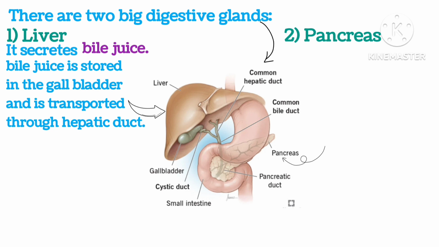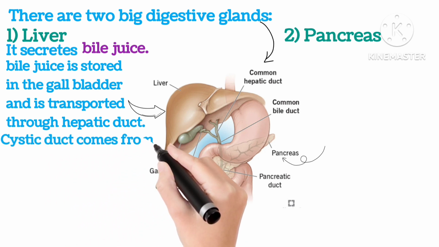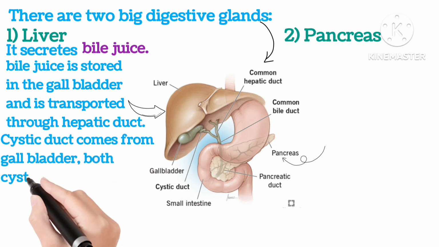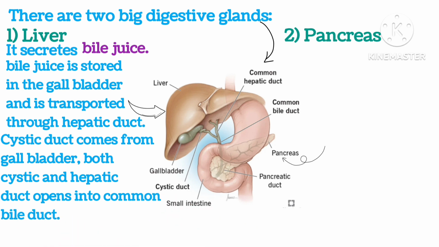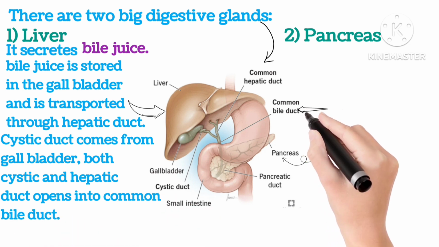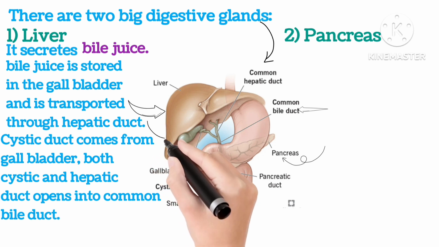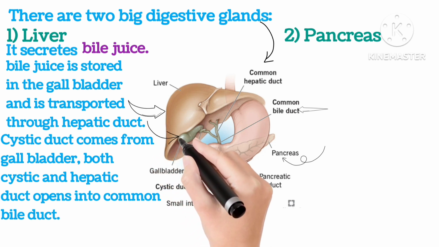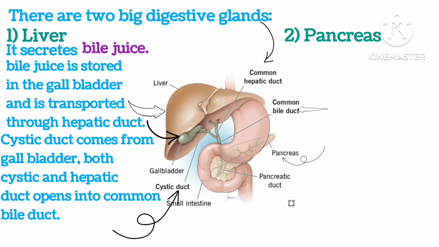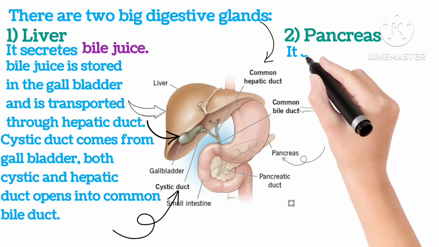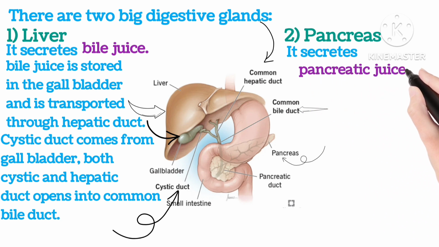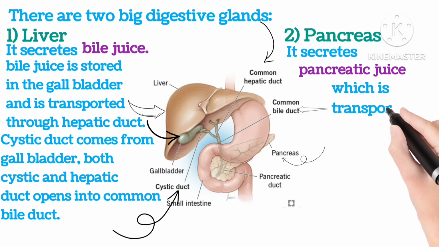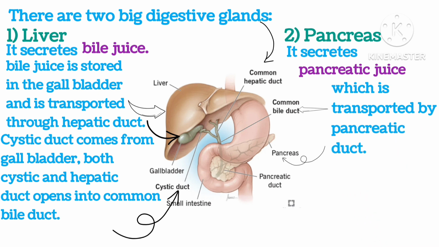You can see the common hepatic duct. Cystic duct comes from the gallbladder. Both cystic and hepatic ducts open into the common bile duct. You can see the common bile duct and the gallbladder and the cystic duct. Pancreas secretes pancreatic juice, which is transported by the pancreatic duct. You can see in the picture.